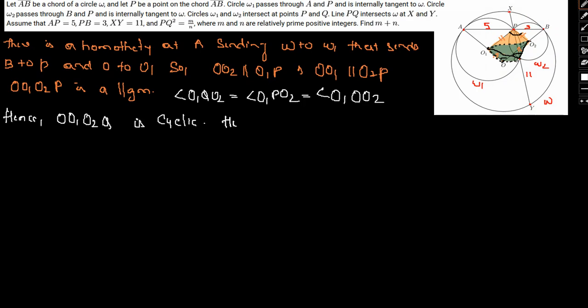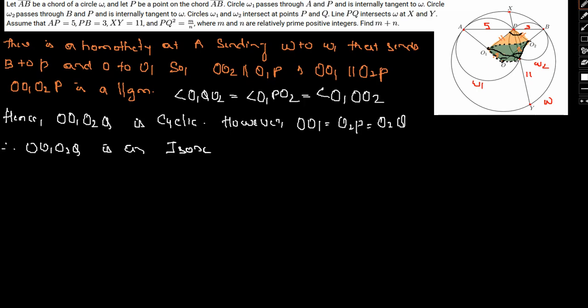However, O1P equals O2P equals O2Q. So, therefore, O1O2Q is an isosceles trapezoid.